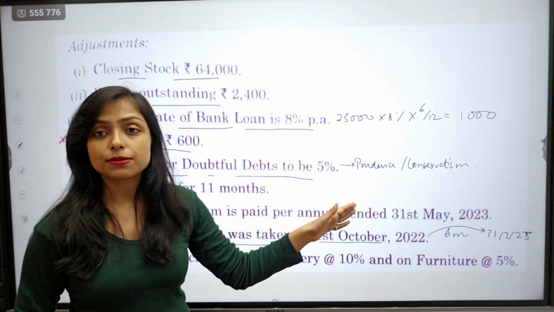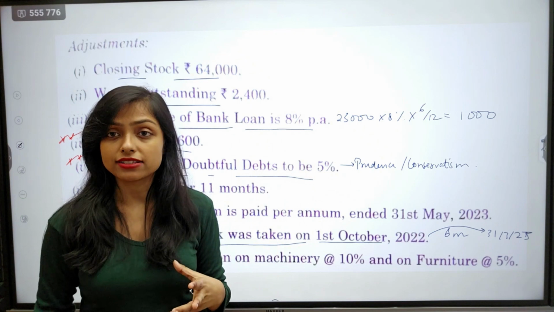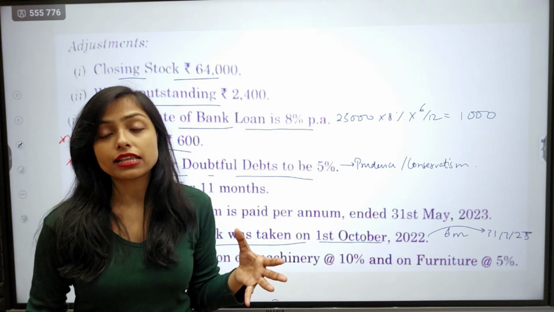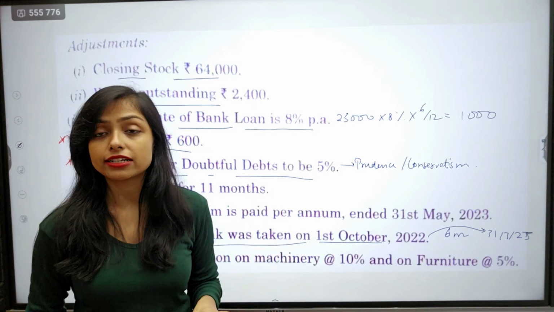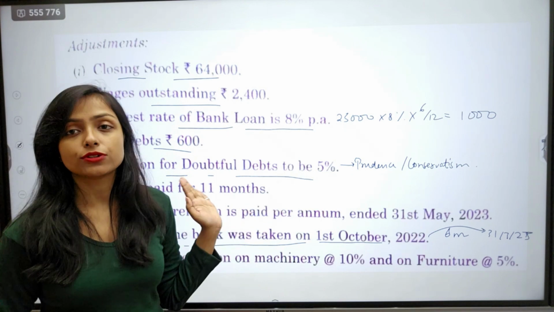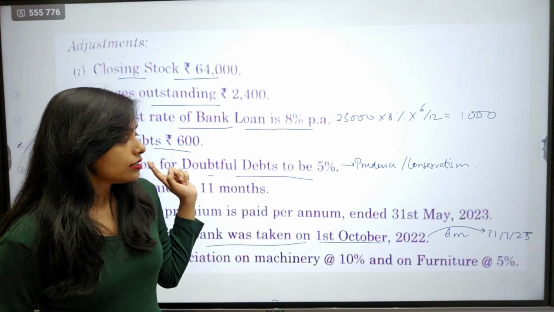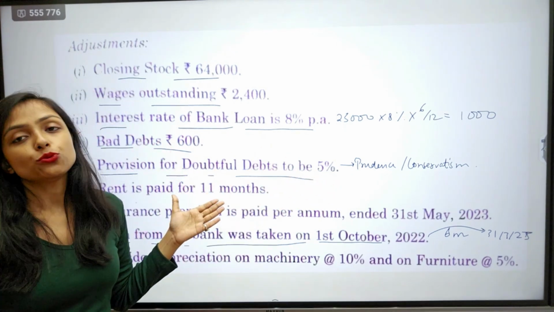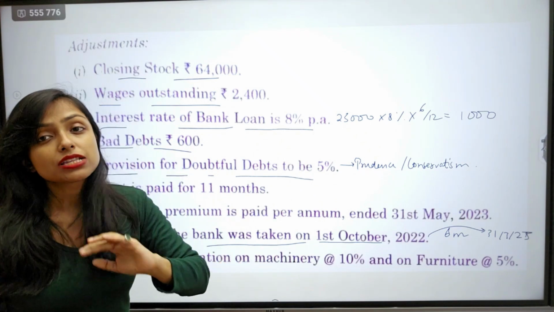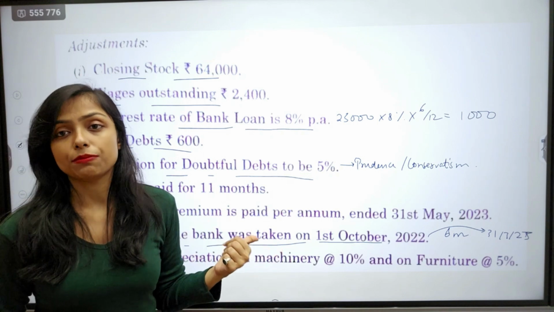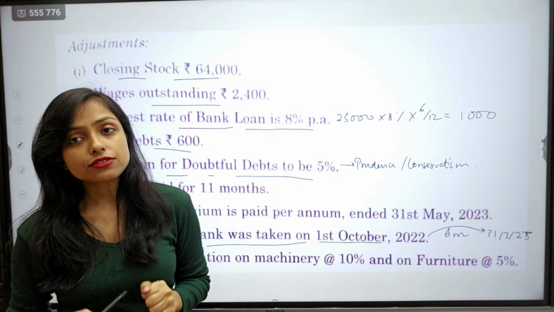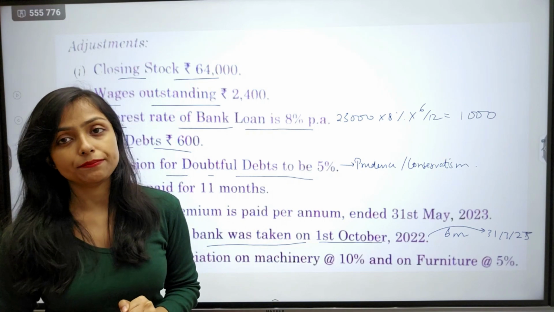What does prudence concept say? If there is a loss that you are anticipating, please record it right now. But if there is a profit that you are anticipating, do not record it in your books unless you realize it. This is what your prudence concept says. Now, because of that only, if I am seeing a probable loss in future, some of my debtors might not pay me, and there might be a bad debt in future, so let's preserve some amount beforehand only.